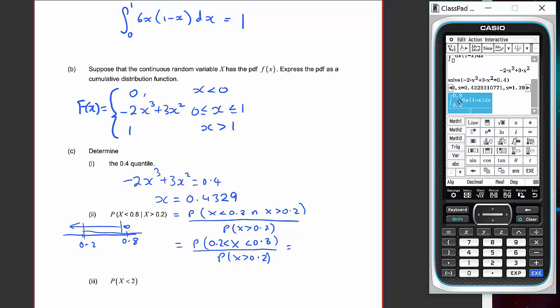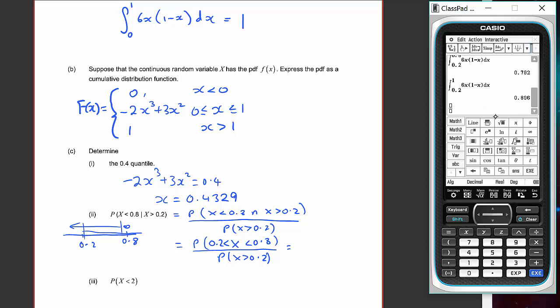Actually it's probably not going to like what I'm doing there, so I'm just going to copy that and then clear that line, and paste that in there and execute. Then I'm going to do the greater than 0.2, so that's between 0.2 and 0.8. Let's just paste that in below, and instead of 0.8 let's go to 1 there.